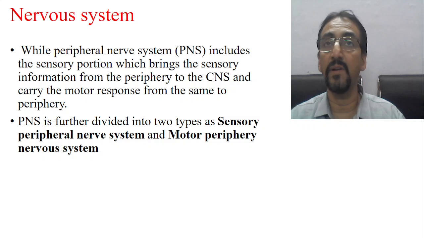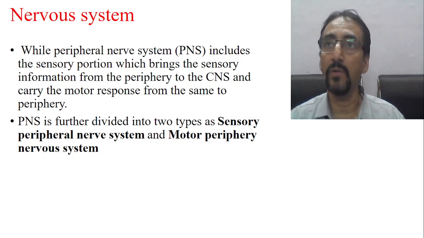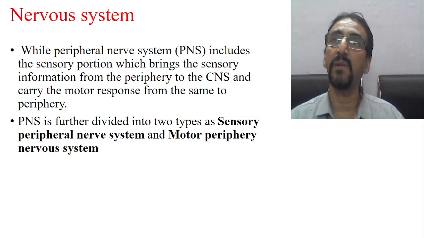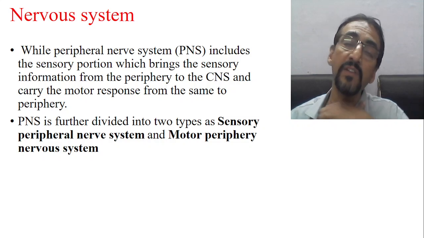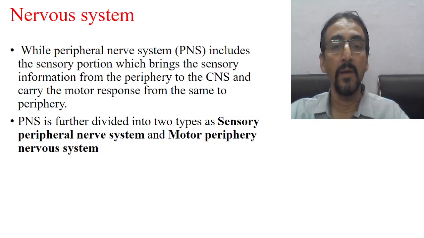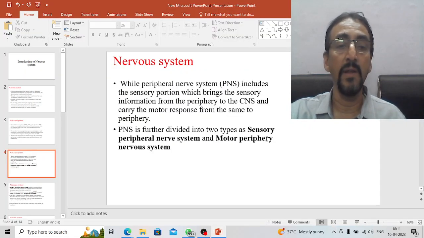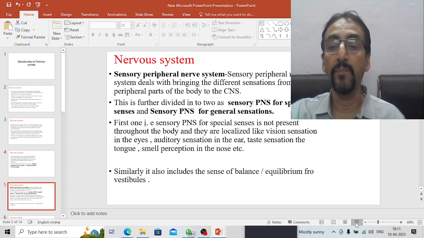The slide has not changed. So what are they? One is the sensory peripheral nerve system and another one is the motor peripheral nerve system. We know that what carries sensation from the periphery to the center is called the sensory peripheral nerve system, and what brings the motor response down from there is called the motor peripheral nervous system.